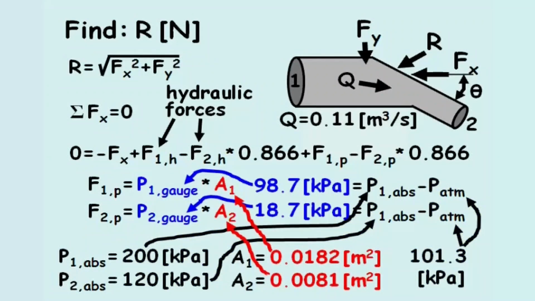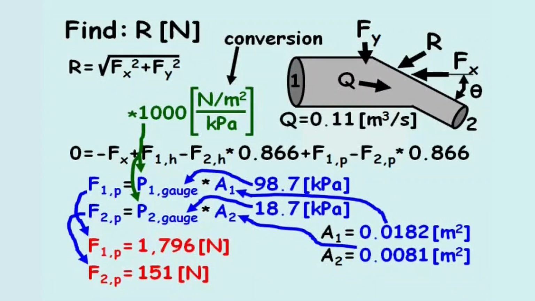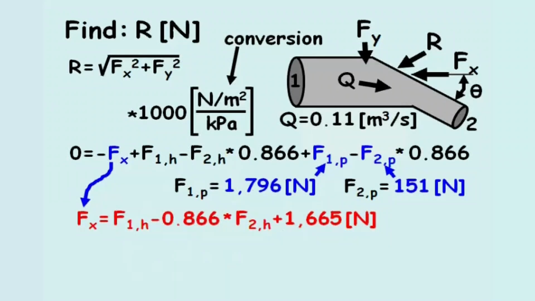After plugging in the area terms and converting kilopascals to newtons per meter squared, we find the pressure forces 1 and 2 equal 1,796 newtons for N1 and 151 newtons for N2. After substituting in these variables, we can revise our equation for the reaction force in the x direction as F1h minus 0.866 times F2h plus 1,665 newtons.